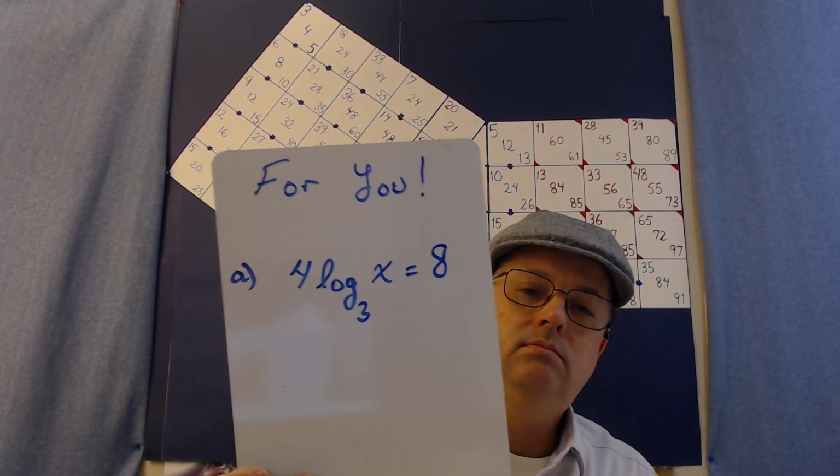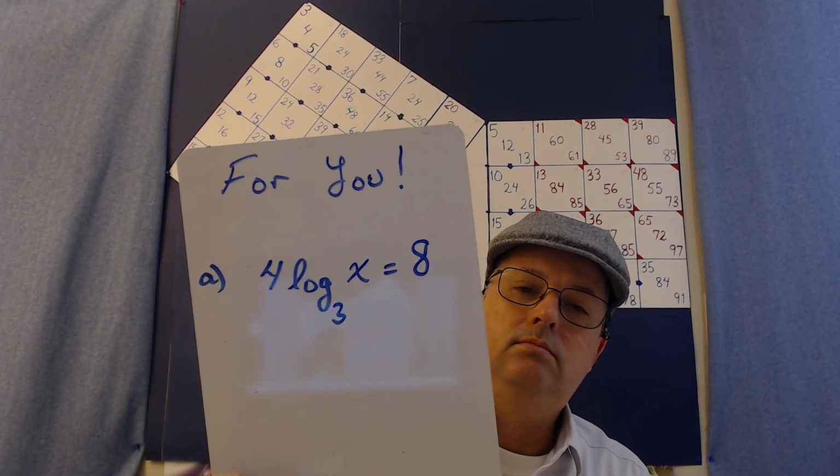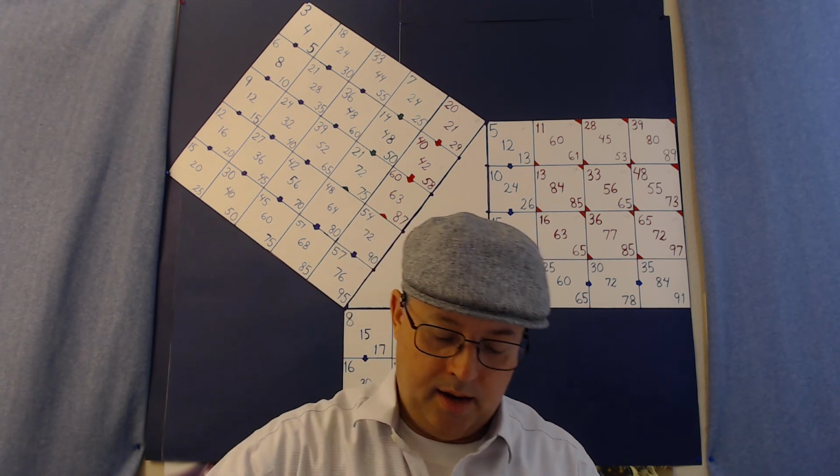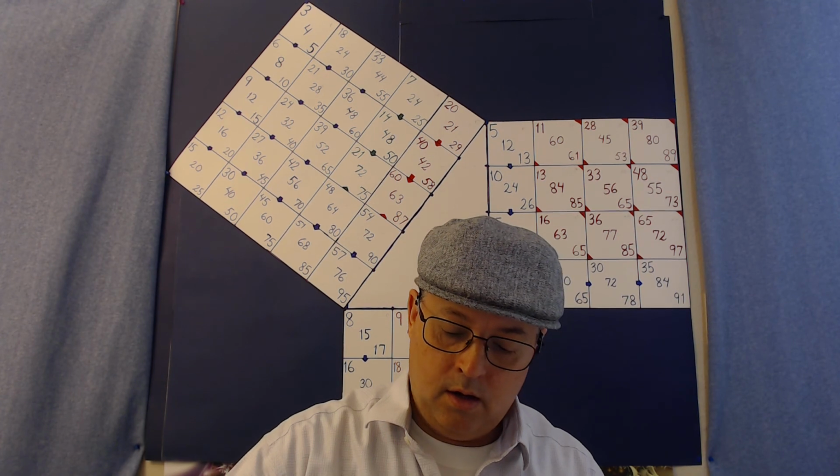Okay, that's pretty easy, you know. Okay, there's one for you to do. And then another one for you to do is going to be this one here: 9 log 9 plus 3 log of 2x equals 15.